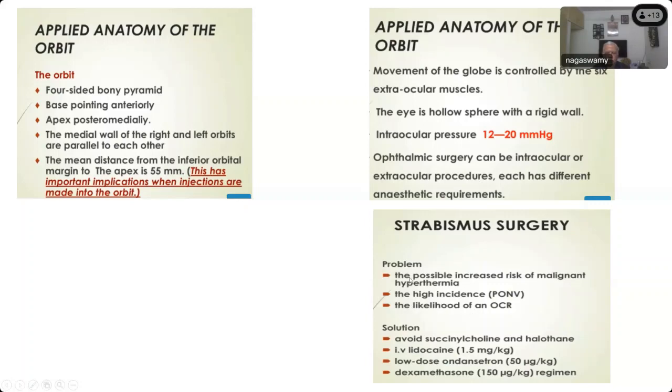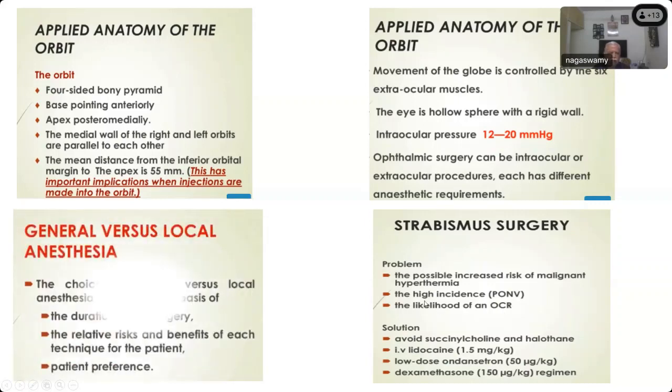And the specific problems for strabismus are increased risk of malignant hyperthermia, high incidence of postoperative nausea and vomiting, and the oculocardiac reflex intraoperatively. So these are the common things that we have to remember. And for adults, strabismus can be done under completely local anesthesia block itself, whereas the children will not cooperate. So you have to keep them under.